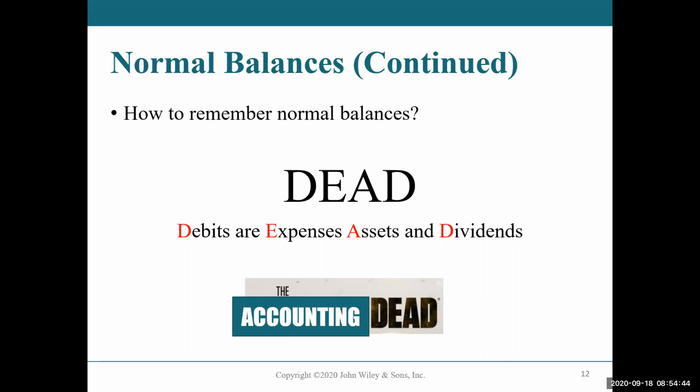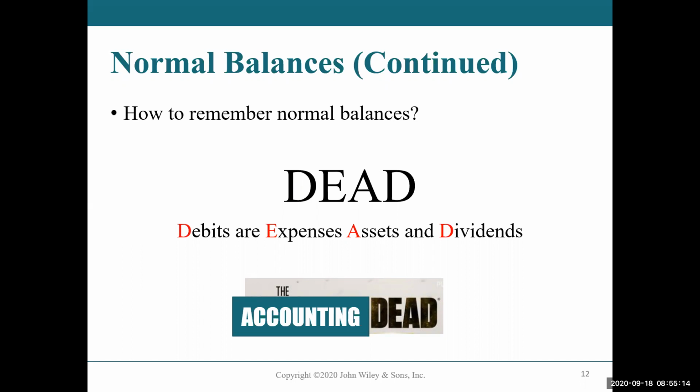So all of those opposite accounts, that is revenue, liabilities, and equity, will have a normal balance of credit. If you were to credit any of those revenue, liability, and equity accounts, the balance in those accounts will go up as you keep crediting. If you want to bring the balance down, we will do the exact opposite of normal balance, which in this case was a credit. So in order to bring it down, we will debit it.